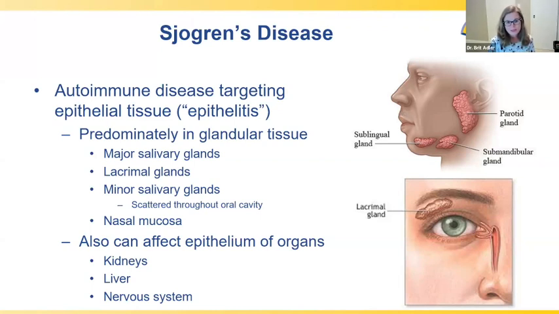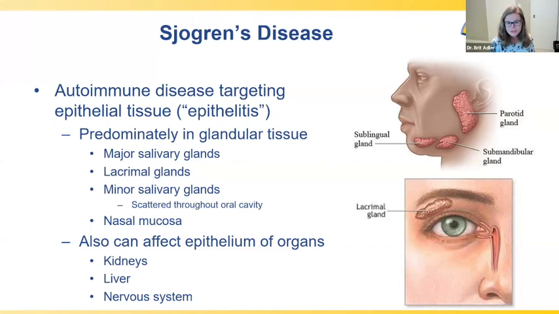The most prominent way that this presents is the immune system attacking glands. The major salivary glands are a major target of the immune response in Sjögren's. We all have three major salivary glands: the parotid on our lateral cheek, the sublingual gland under our tongue, and the submandibular glands under our jaw.